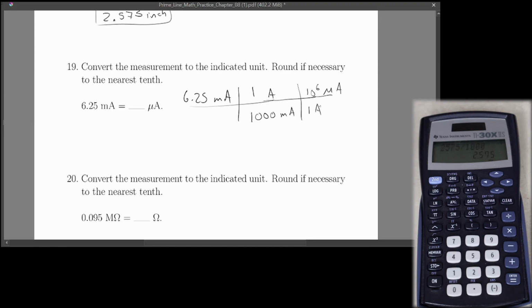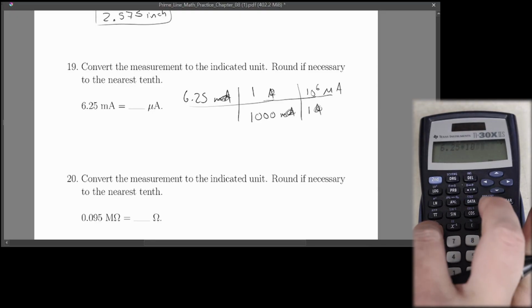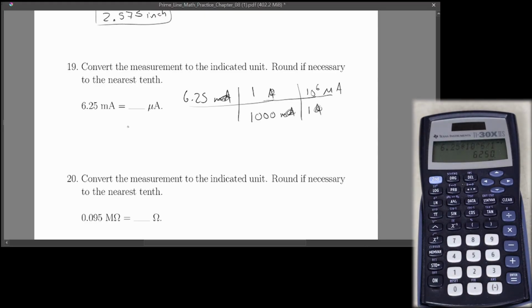So here we can cancel amps, milliamps, and we can take 6.25 times 10 to the 6th and then divide it by 1,000. And we get 6,250 microamps.